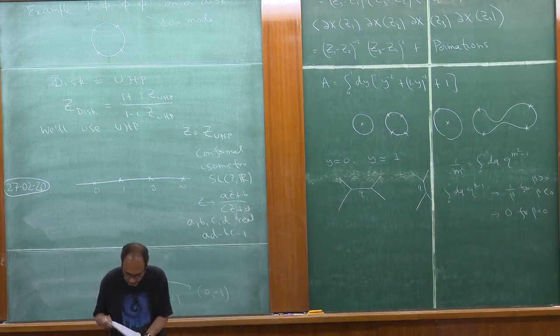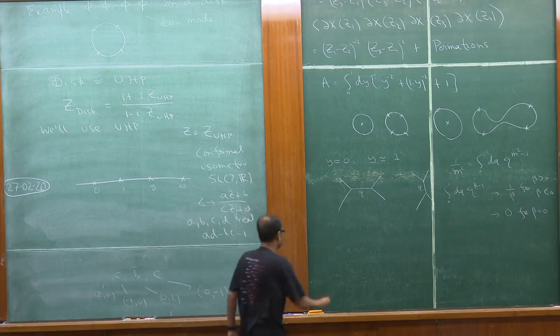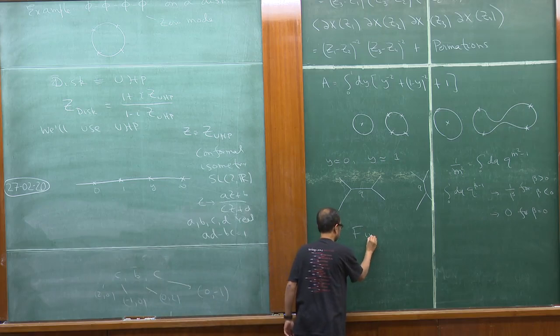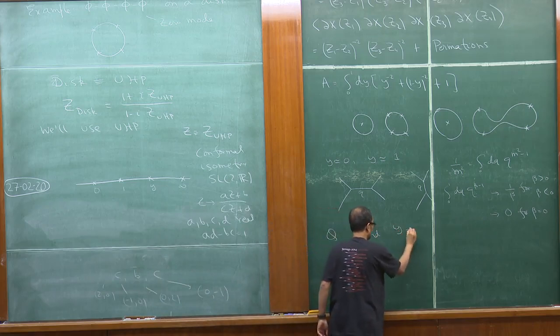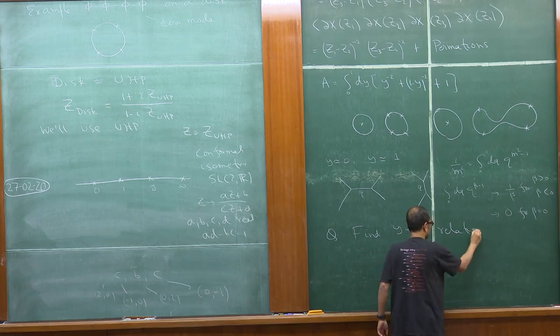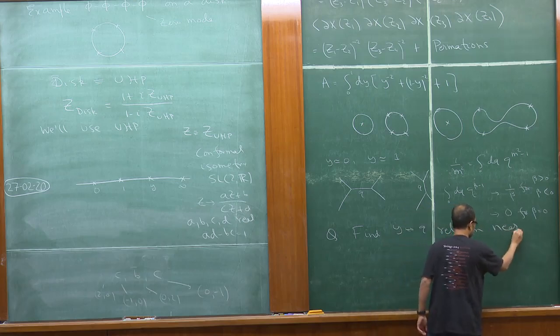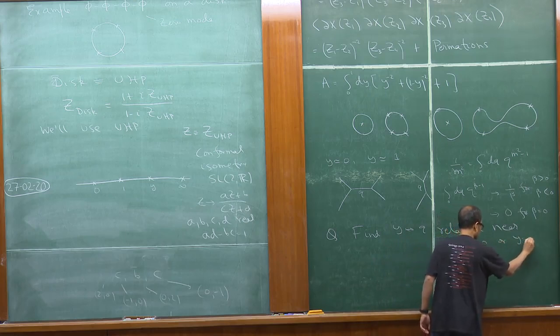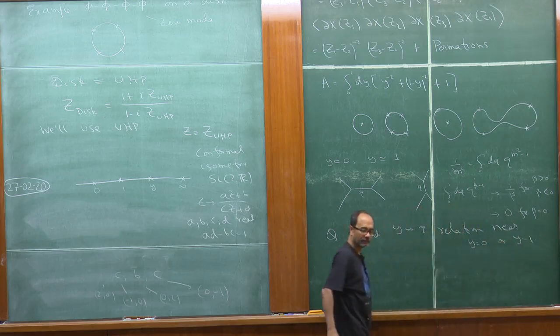So the question is, find the y to q relation near y equal to 0 or y equal to 1.